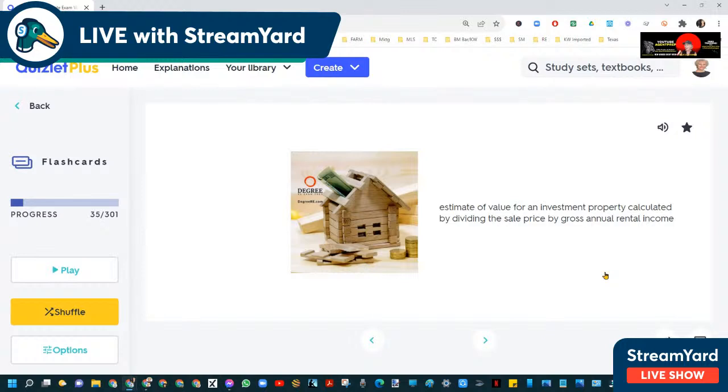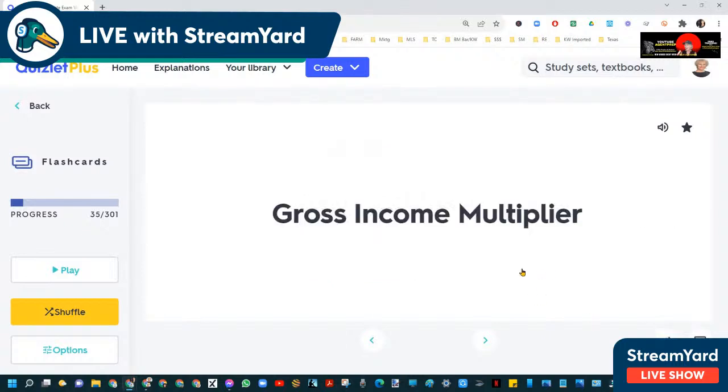The other one deals with monthly. So sales price divided by gross annual rental income is the gross income multiplier.